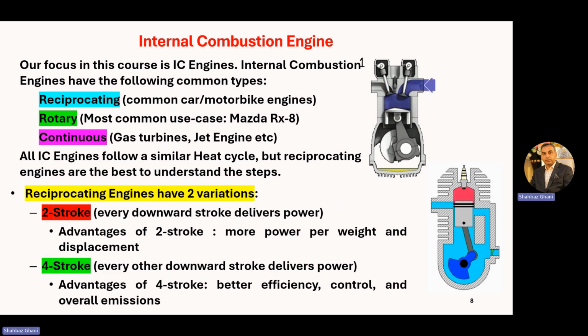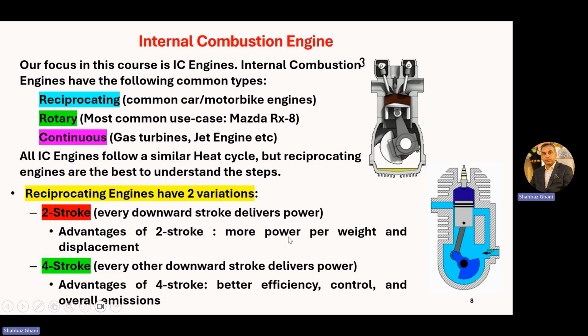So we will mainly focus on reciprocating engines. And in reciprocating engines, the two common variants with respect to the strokes are two-stroke and four-stroke. In two-stroke, every downward stroke delivers power. The advantage of two-stroke is more power per weight and displacement. Displacement is basically the volume of a cylinder.